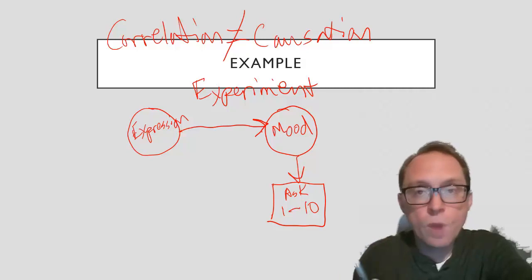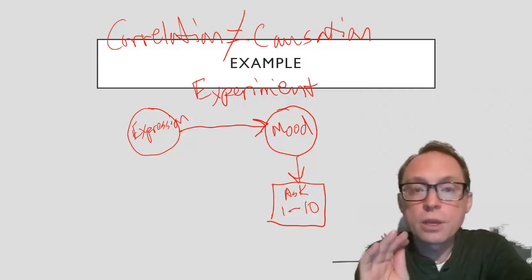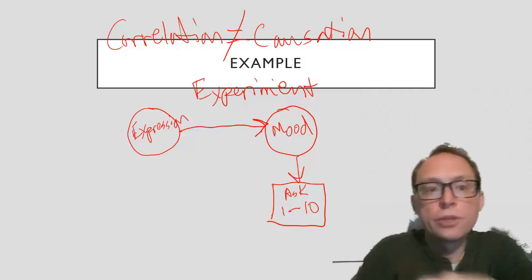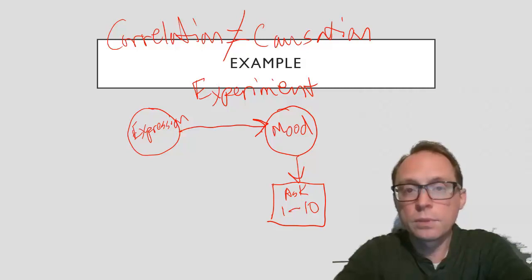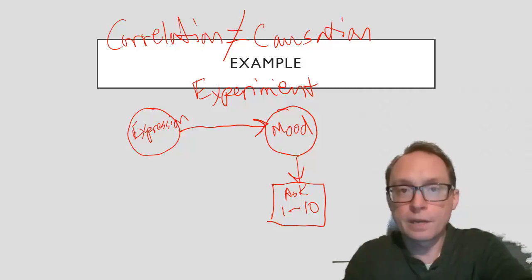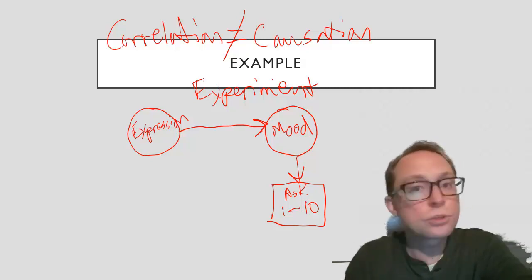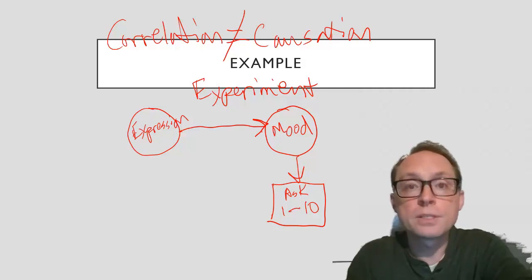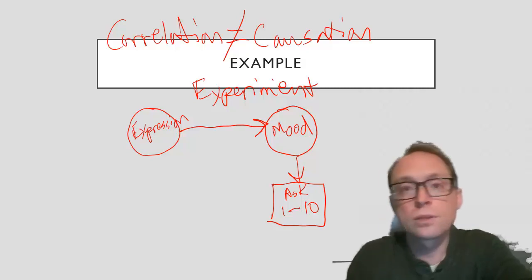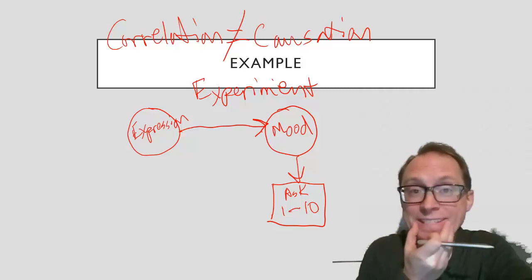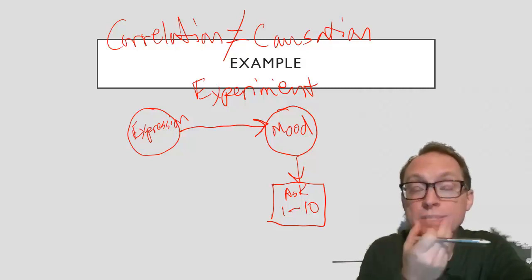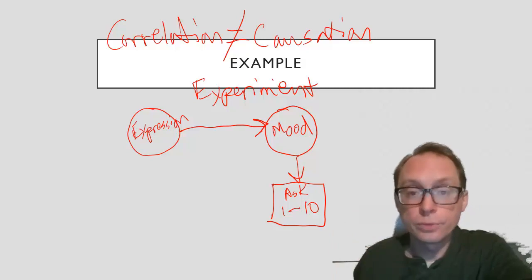It cannot go the other way because it needs to be causal. The expression has to cause the change in the mood. The expression is the independent variable. The mood is the dependent variable. When you look at a hypothesis, you can tell what the independent variable is. It's the one that's going to change the dependent variable. A happy face, a smile, is going to change the mood.